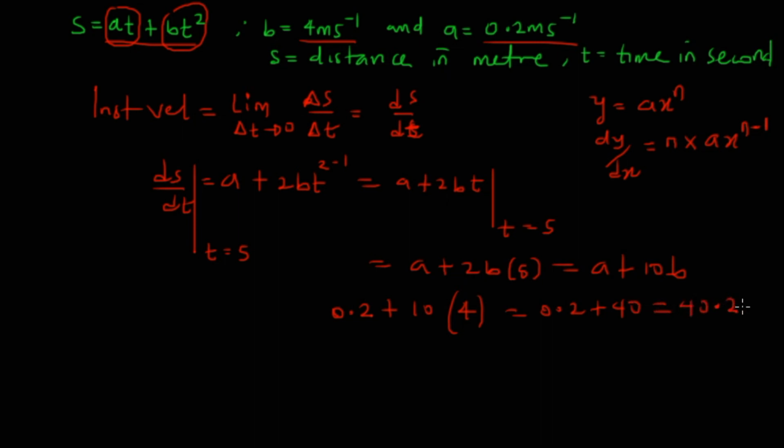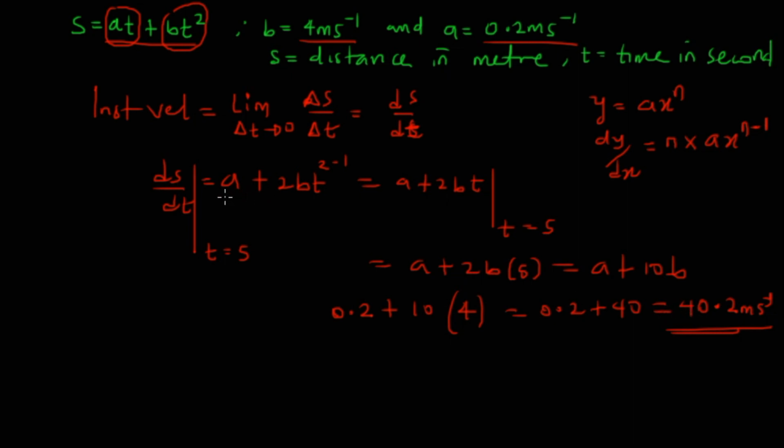This is the instantaneous velocity, and the unit will be meters per second. So 40.2 is the velocity of the particle at that instant where t is equal to 5 seconds.